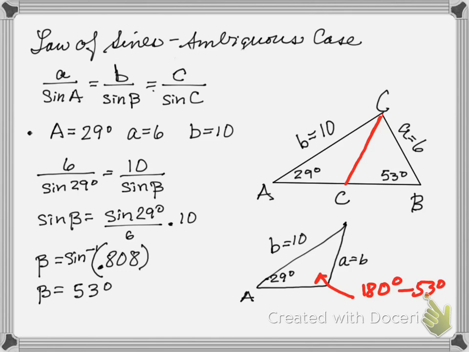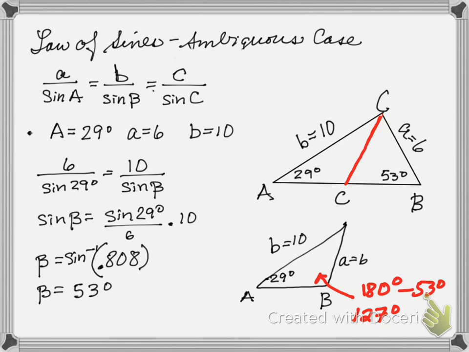And that will give us an angle of 127 degrees for angle B in the second possible triangle.